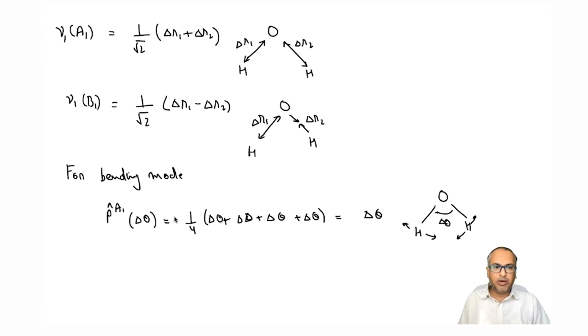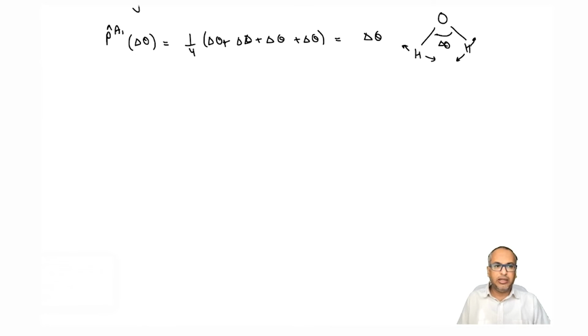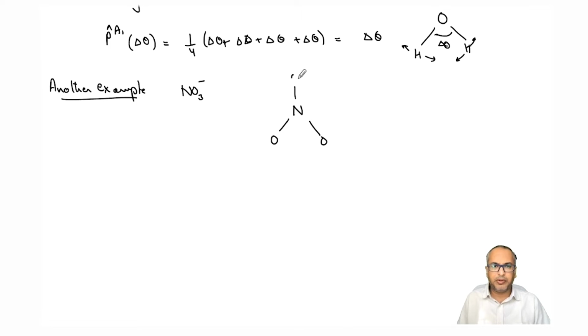Now let us consider one more example so that the procedure is clear, and then let's go to a little more complex example than this. So another example, let us now consider the NO3 ion. So the NO3 ion looks like this, we have an overall negative charge on it, right?